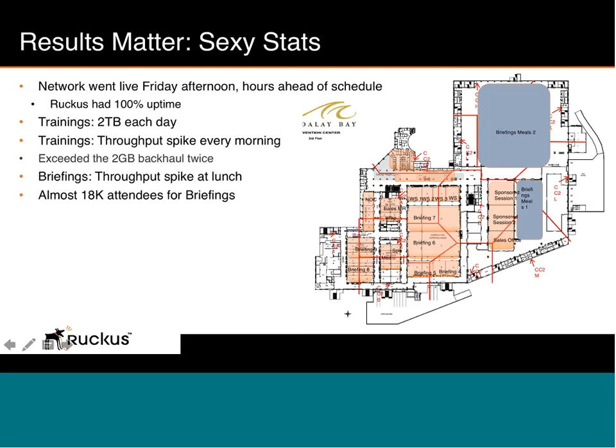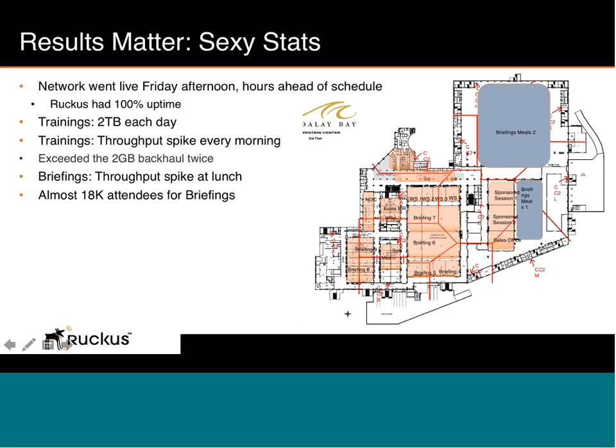So for the network designers, I just wanted to show you that the red areas here is where the trainings took place, and so that's where our 2 terabytes was being pushed through, but it's spread over a fairly large number of access points.